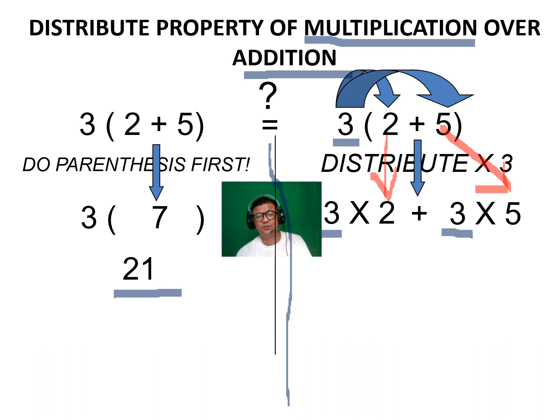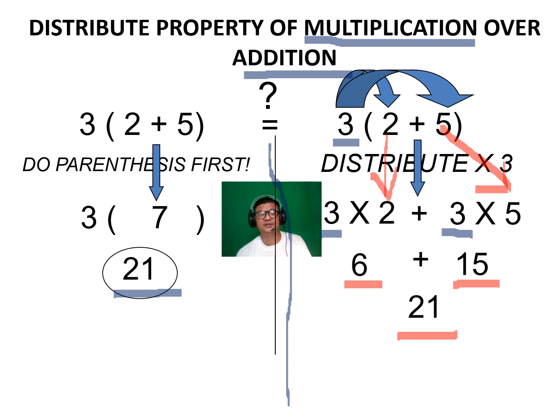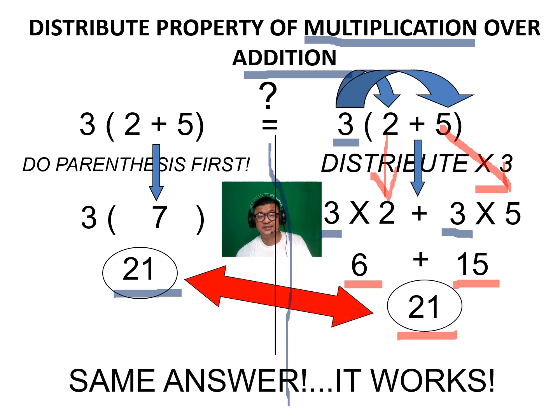And 3 was distributed. So mentally, you could solve that as 6. You could solve this as 15. Then finally, you could add. Your answer is 21. Are they the same? Look at these two answers. Yes, they're the same. So that works. Distributive property works for multiplication over addition.